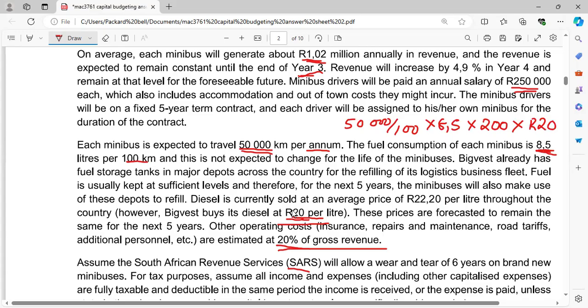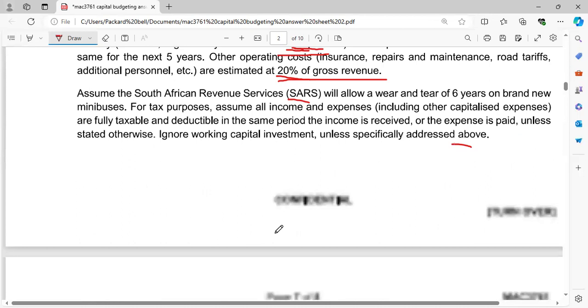Okay, you got it? So the first thing is to get rid of this line, so that you can see how many liters the minibus uses, because here we are calculating the number of liters used by each minibus per year. Okay, it's fine. I got you.